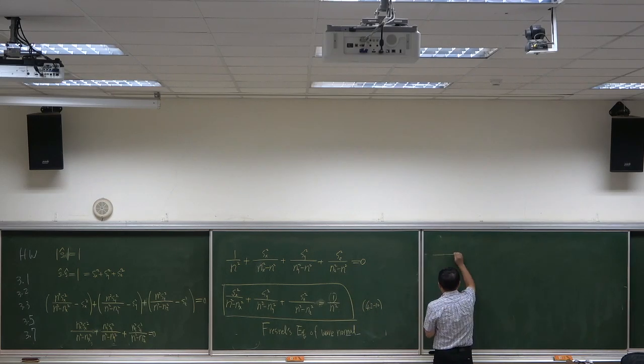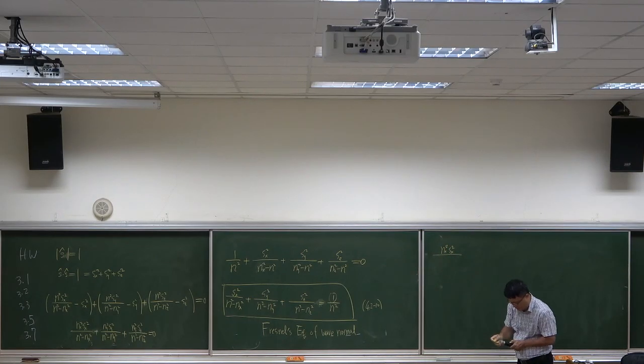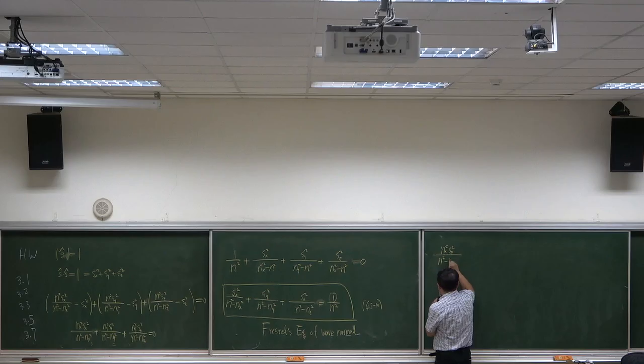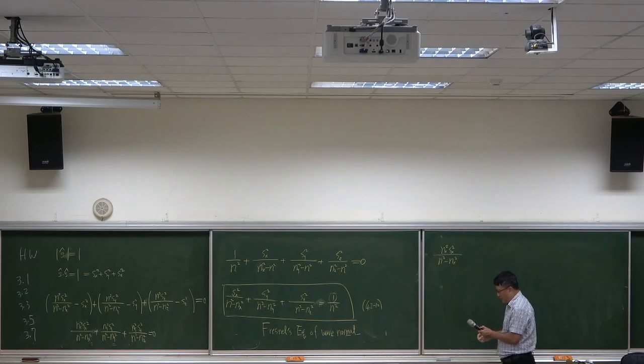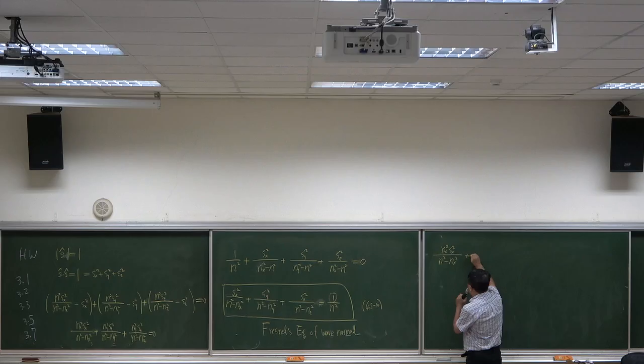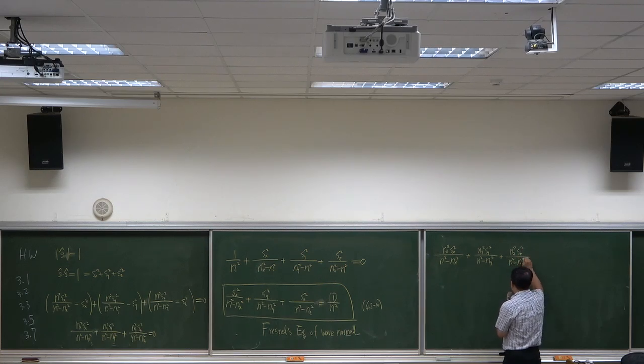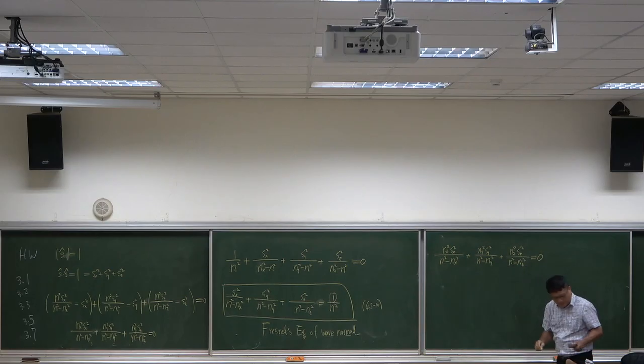We have nx squared sx squared over n squared minus nx squared, plus ny squared sy squared over n squared minus ny squared, plus nz squared sz squared over n squared minus nz squared, equals 0.